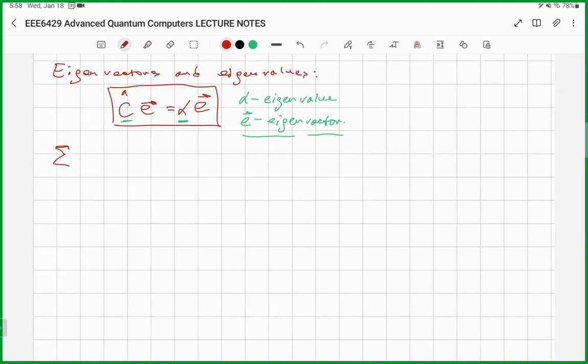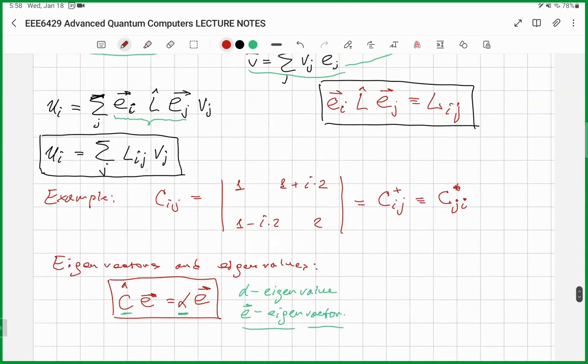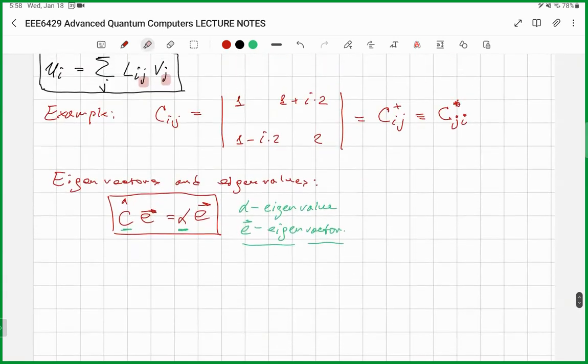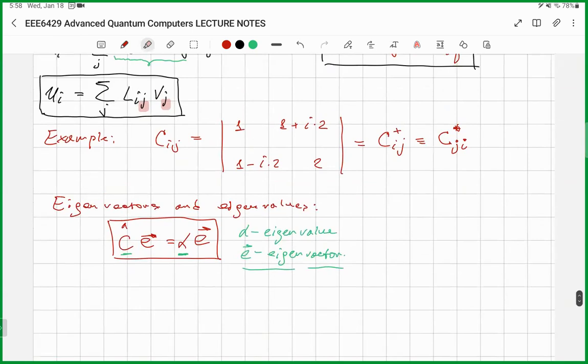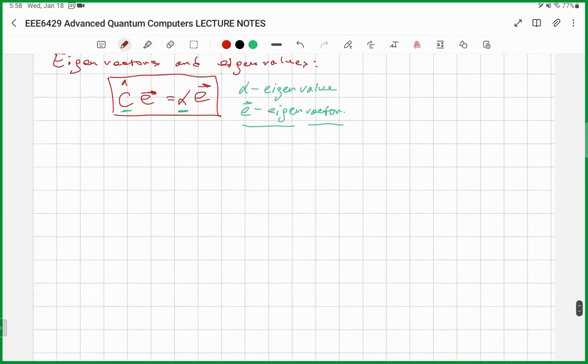So now let's use the Einstein summation rule that says that for any expression, if I have two summation indexes, like here jj, then I can omit this summation sign and simply write Lij times Vj, and I just remember that this is actually the sum of elements.